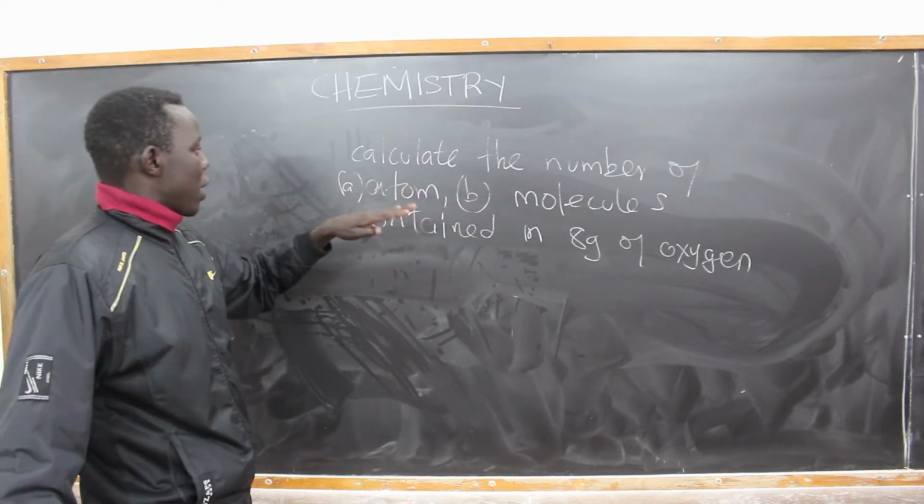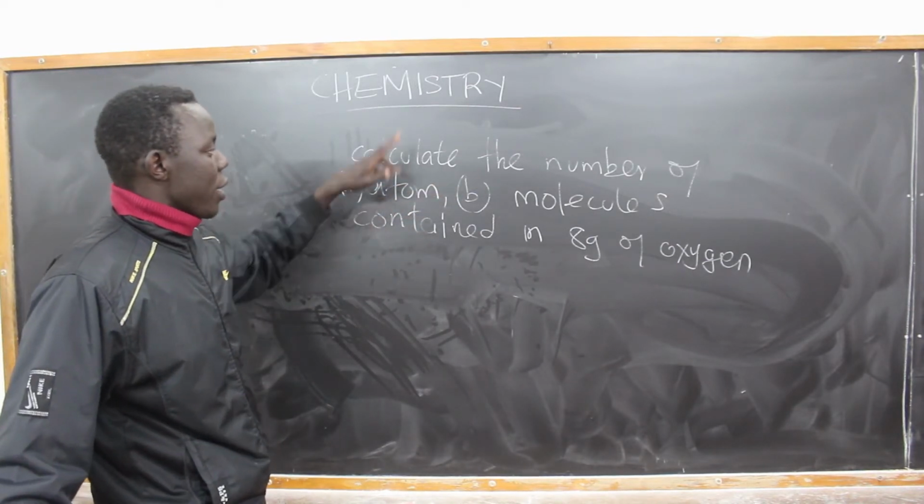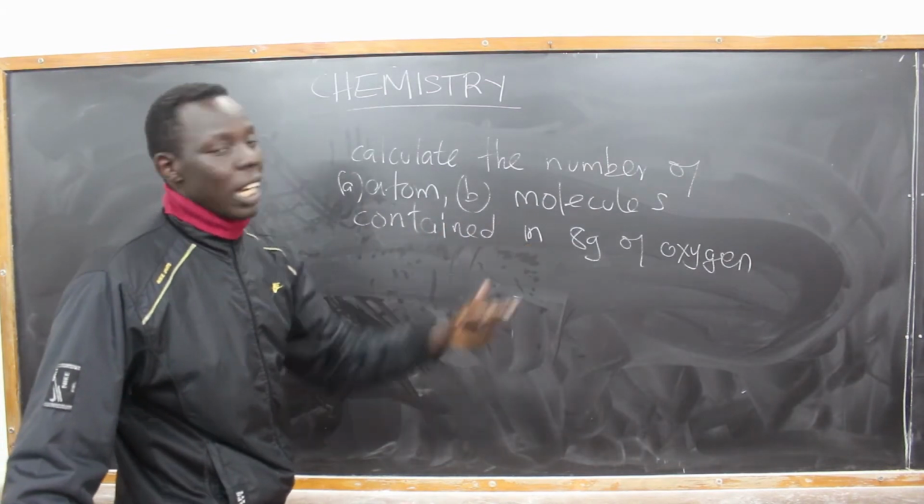Calculate the number of atoms, that's for A. B, molecules contained in 8 grams of oxygen.